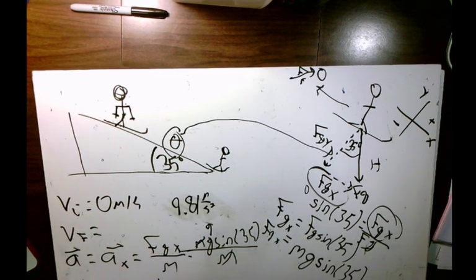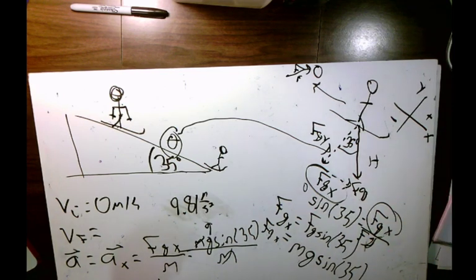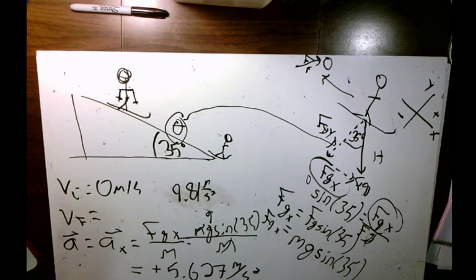According to the reference system that I created, we're in a positive direction, 5.627 meters per second squared. All right, so I have VI, I have acceleration. I know he's traveling 600 meters. And I want to find out how long it takes.